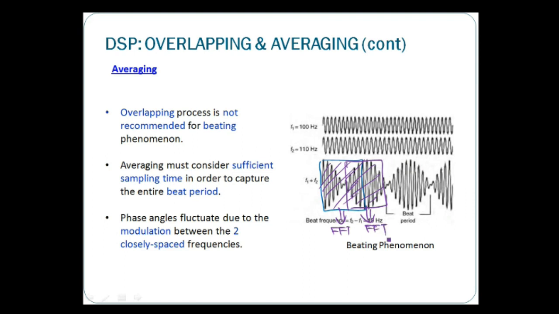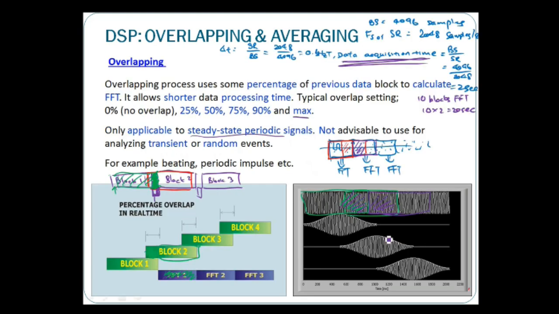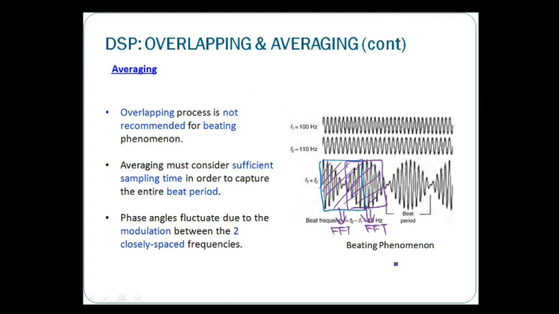Earlier we said that because they are steady, the FFT of this block compared to the FFT of the second block are the same. So it's repeatable, and your result is good. But in this case, your result is not repeatable for every block of spectrum, so you will have an issue. So overlapping is only advisable when your signal is steady, or your vibration is in a steady state.